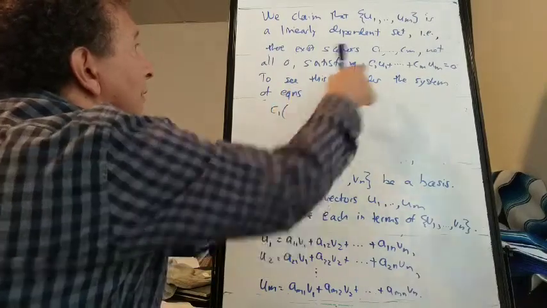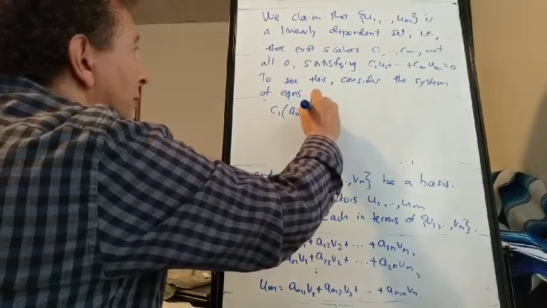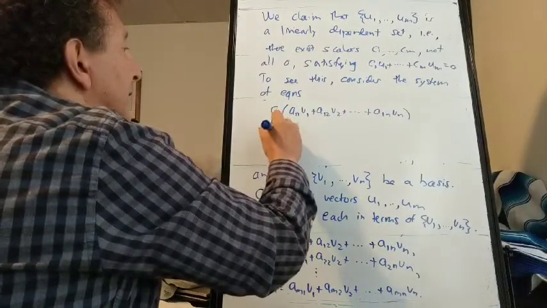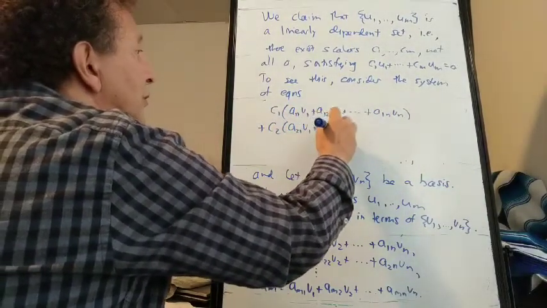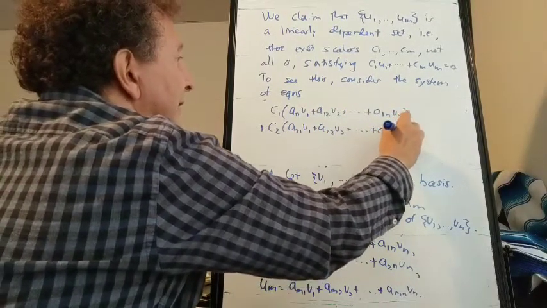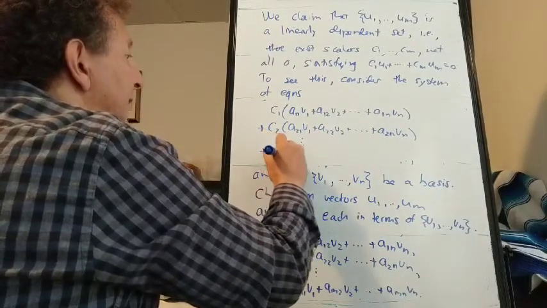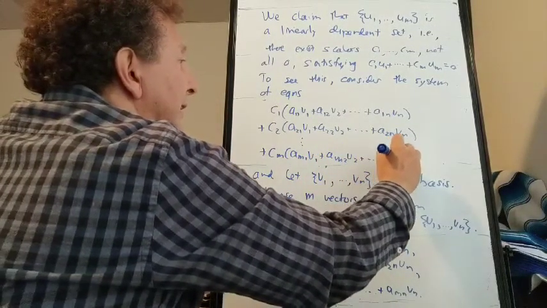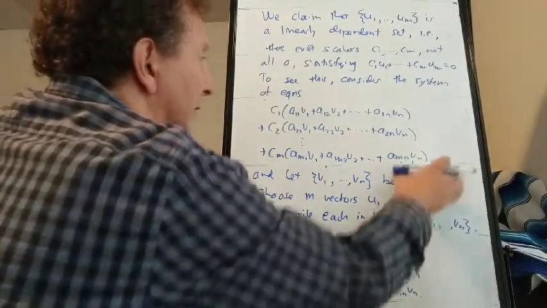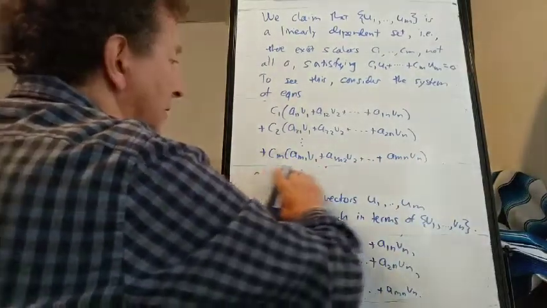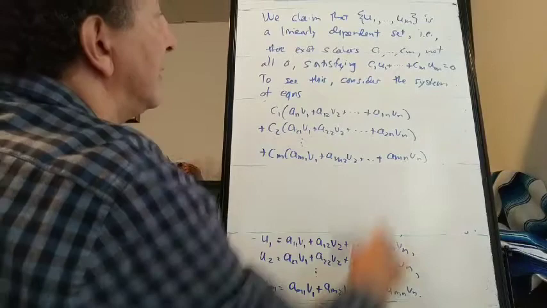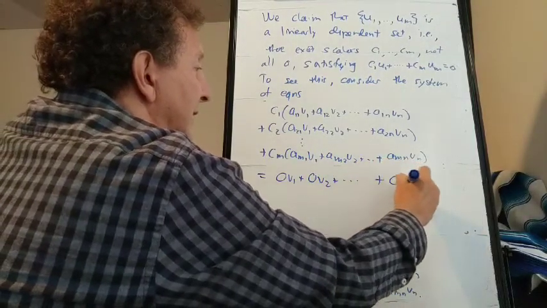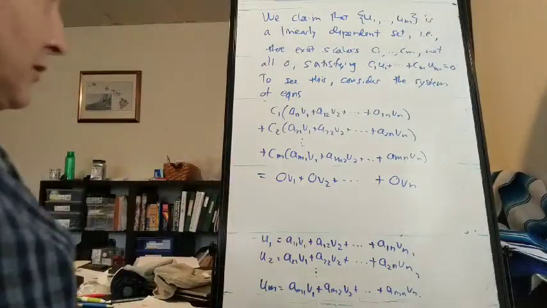So that would be c1 times (a11 v1 plus a12 v2, etc., up to a1n vn) plus c2 times (a21 v1 plus a22 v2, etc., a2n vn) plus cm times (am1 v1 plus am2 v2 plus amn vn) equals 0, equals 0 v1 plus 0 v2, etc., up to 0 vn. So this is the 0 element of the vector space.